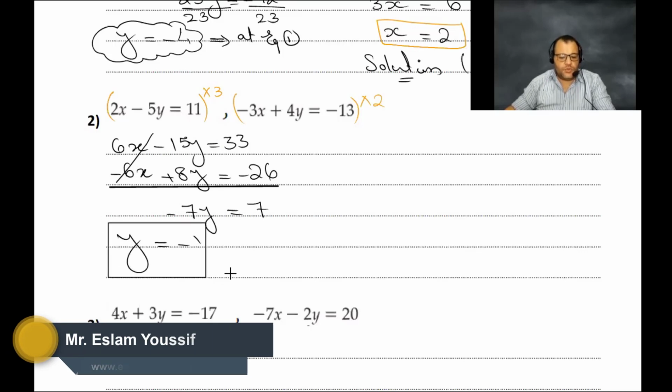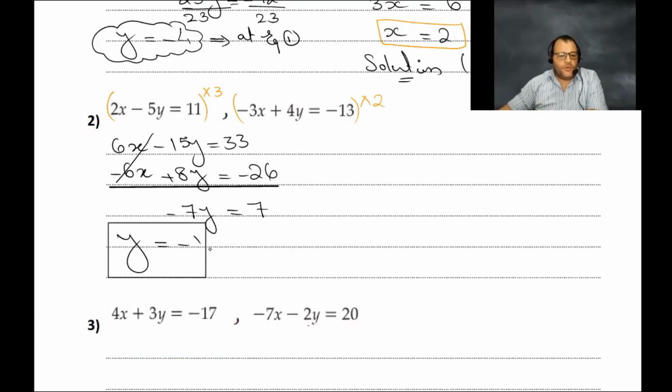That is the first one. Now add the equation at equation number 1. As we said, it will be the same answer if we choose equation number 1 or equation number 2. So 2x minus 5 times negative 1 equals 11.